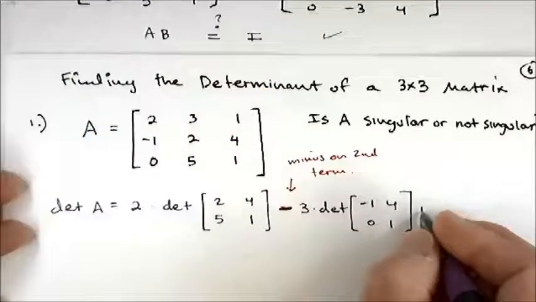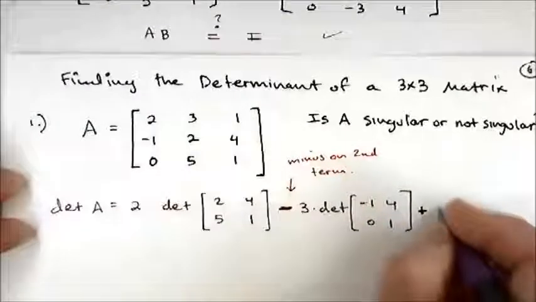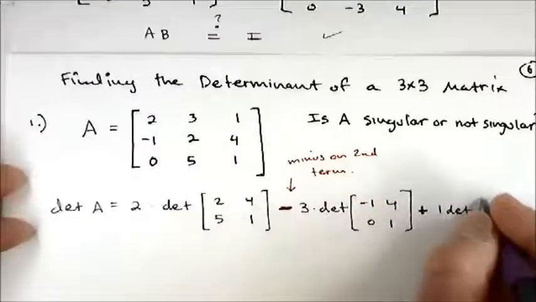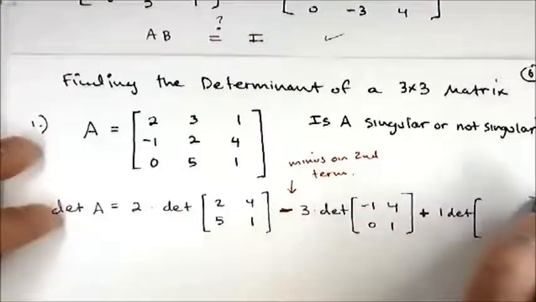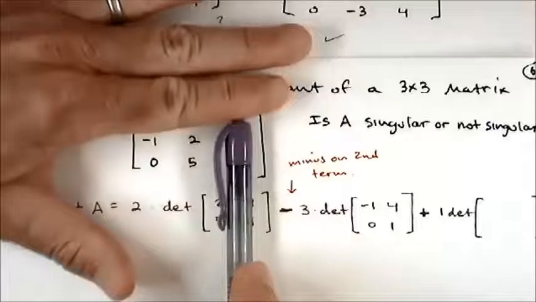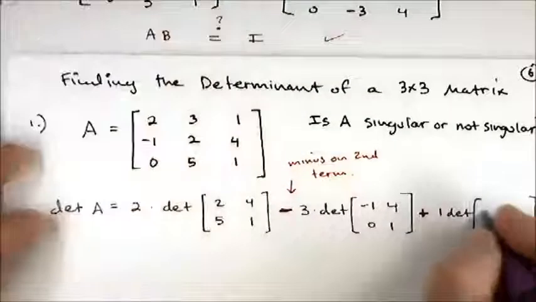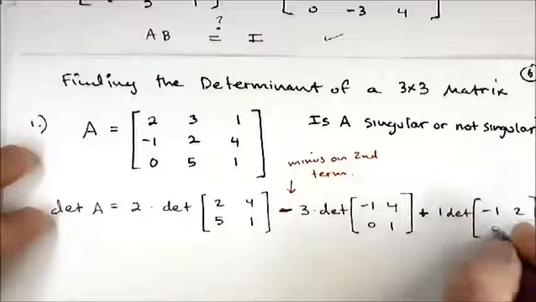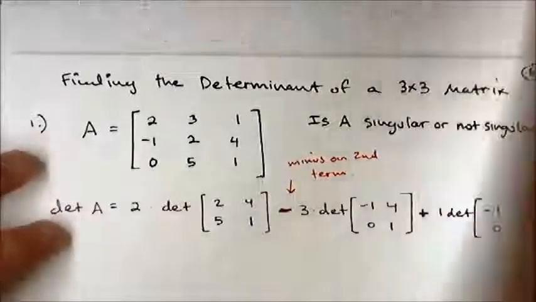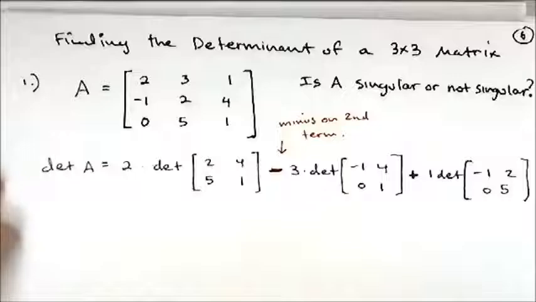And then finally, back to plus for this last number, 1 times the determinant, blocking out the row and column for 1, and you get [-1, 2; 0, 5]. So it's a whole process that magically gives us the determinant.